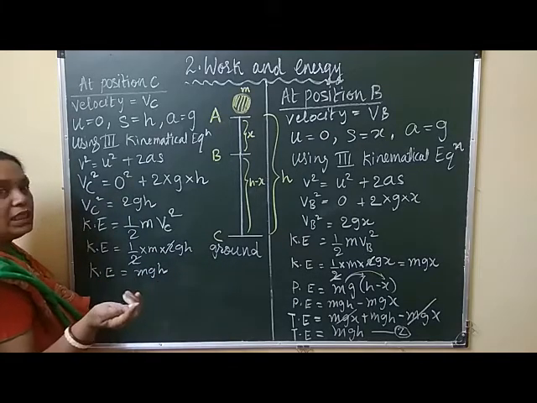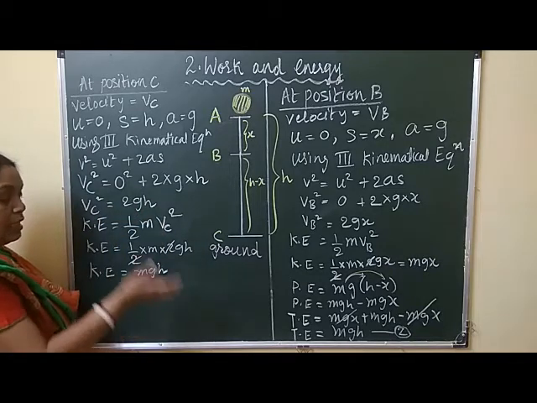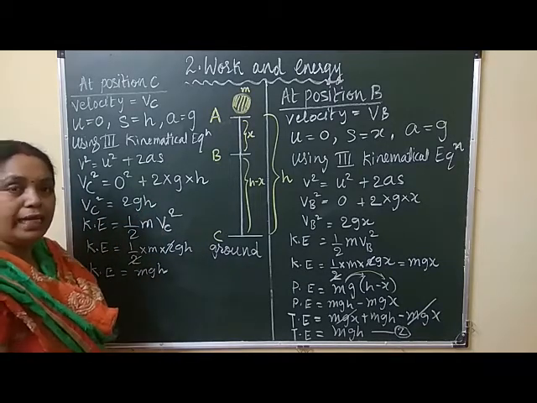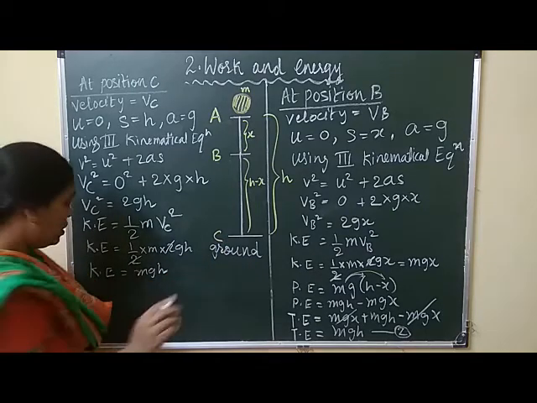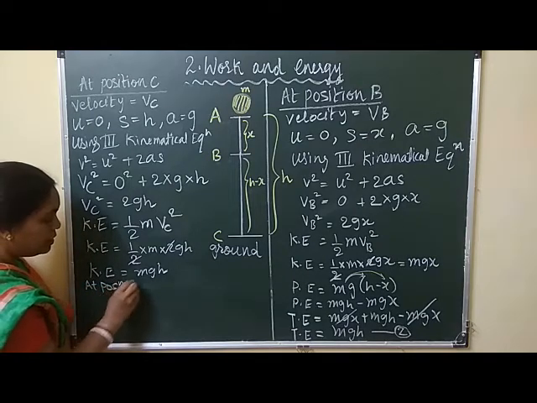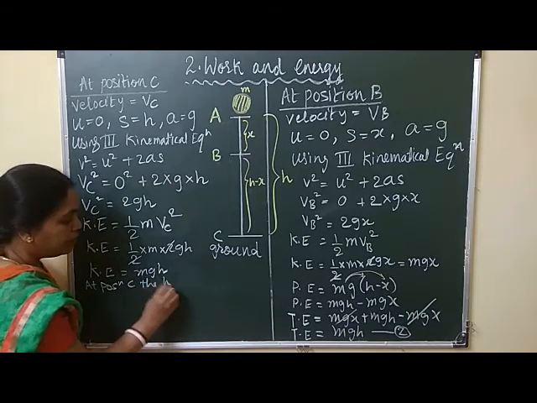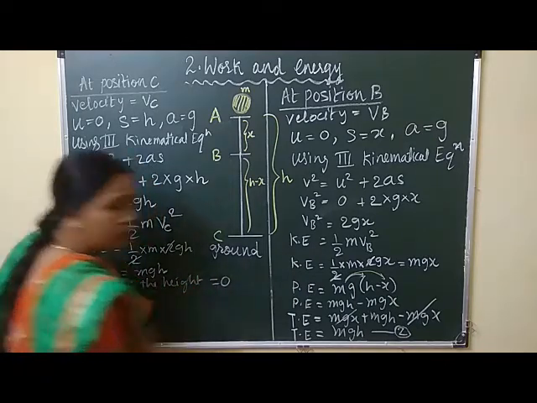So what about potential energy? When the object falls on the ground, the distance or the height covered at position C is 0. So at position C, the height covered by the object is 0.